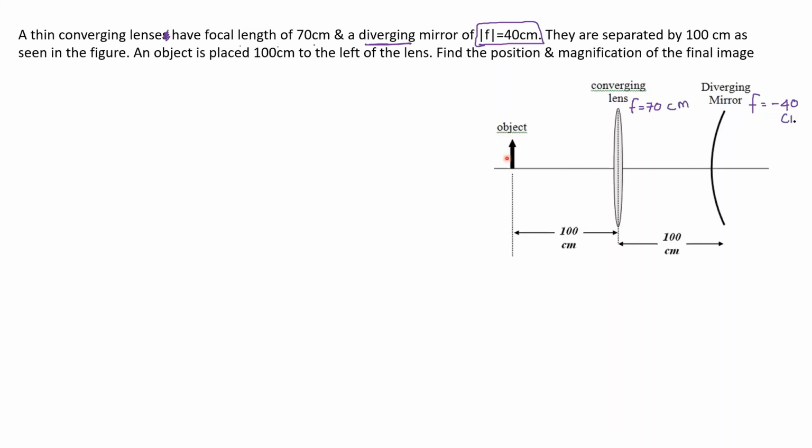The important thing here is, for the lenses, you will have to use sign conventions for lenses, and for the mirror, you are going to use sign conventions for the mirror. They are separated by this distance, and the object is here, and they want us to find the final image.